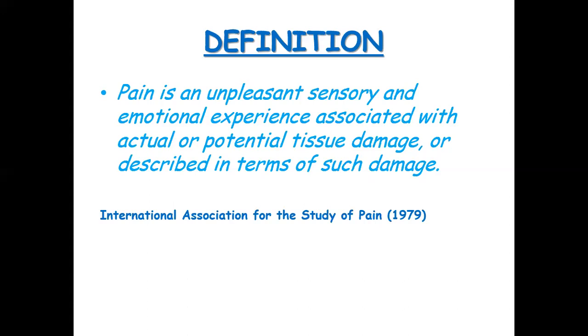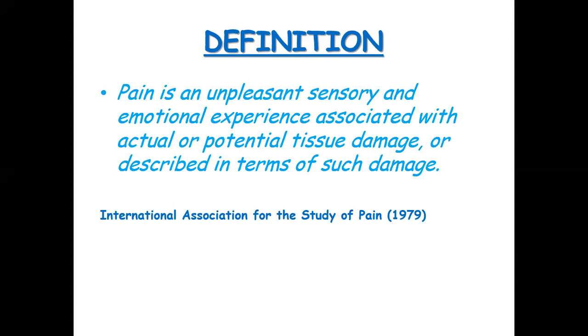And the second component of the definition suggests that there is either actual tissue damage or potential tissue damage. Actual tissue damage, one example is surgery, in which the tissue has been damaged due to surgery.